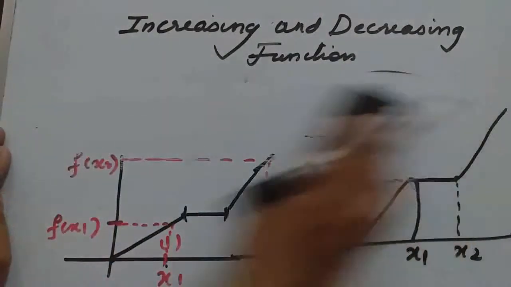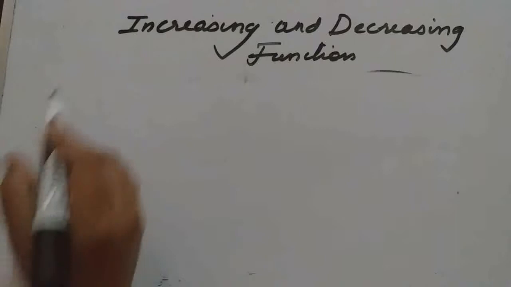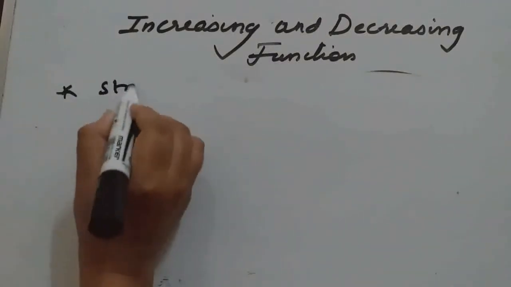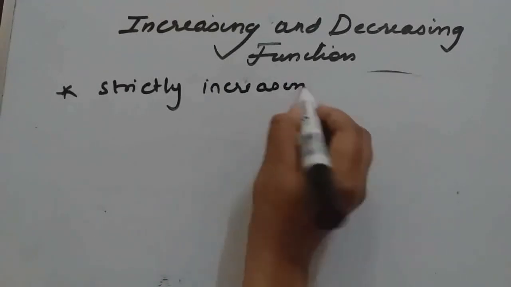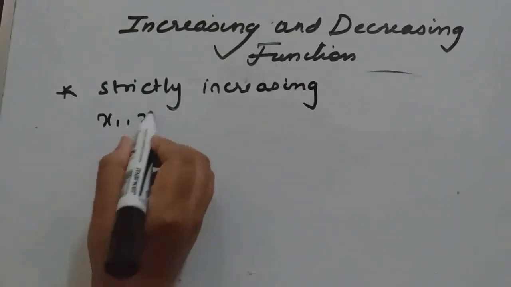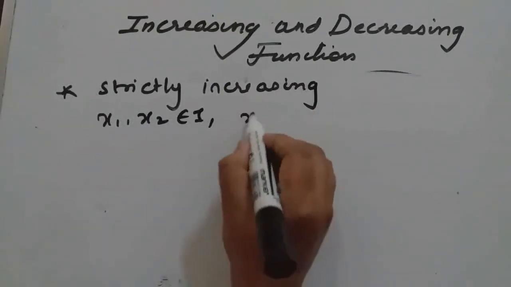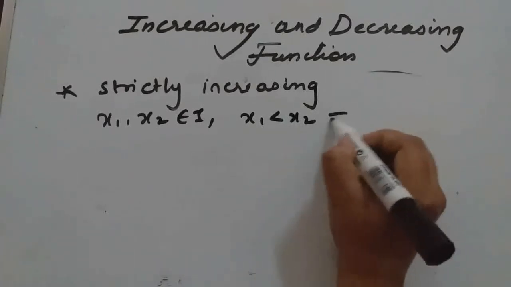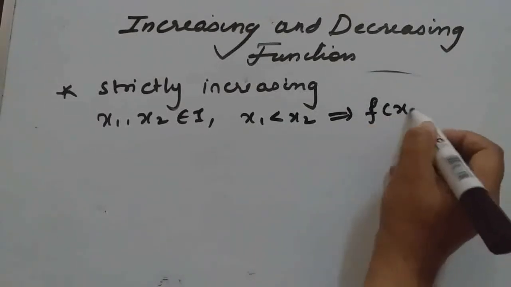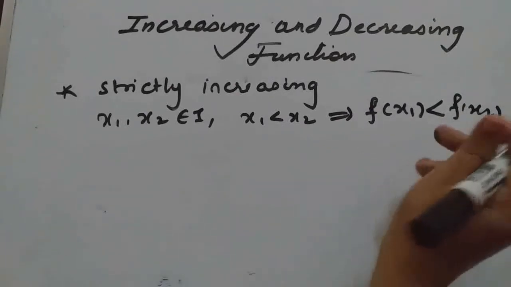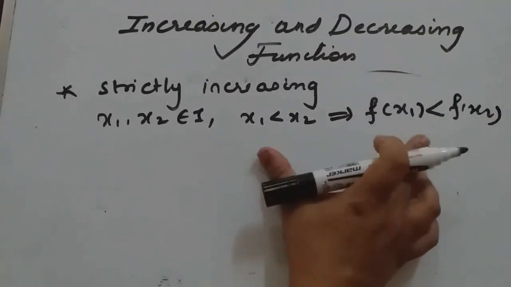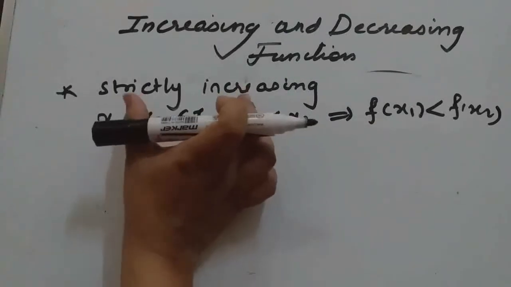Now then, what will be strictly increasing? Strictly increasing means if x1, x2 belong to I such that x1 is less than x2, and if this implies f of x1 is less than f of x2, meaning the equal to sign is not there. So for this condition, the function will be called strictly increasing.